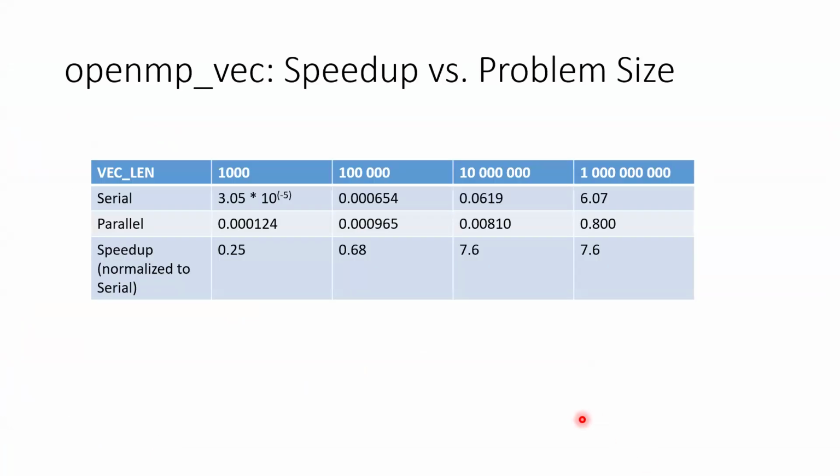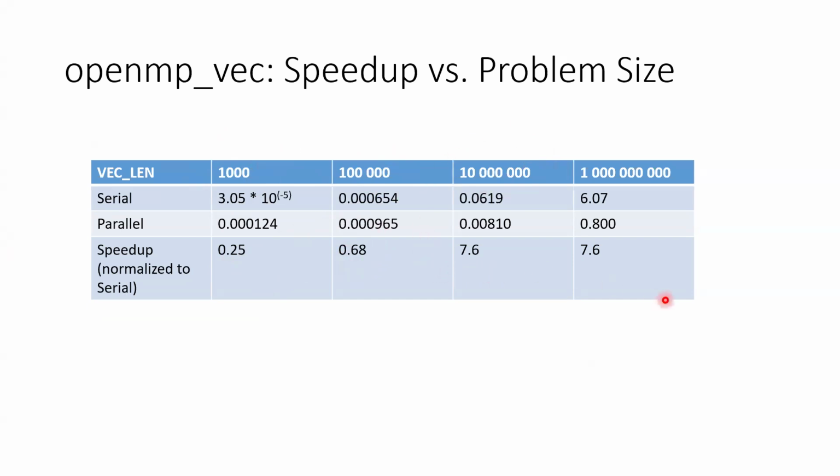These are from measurements made on an unloaded machine. With a problem size of 1,000, we are getting a 0.25x speed up, so that's a 4x slowdown. For 100,000, we are getting 0.68x. And this is how it's starting to amortize out the overhead for creating threads.